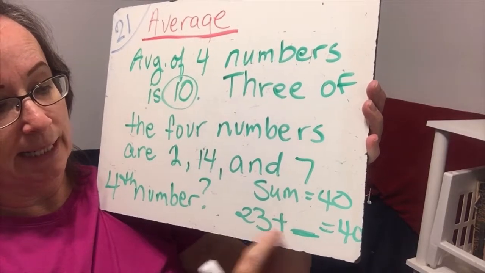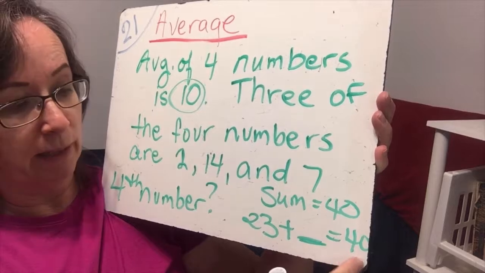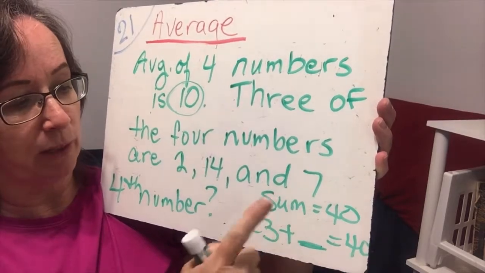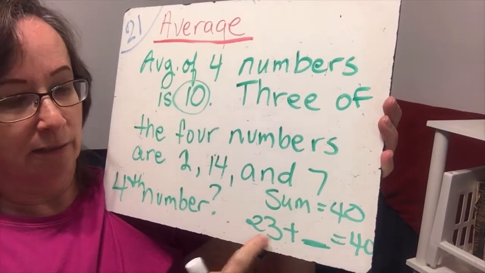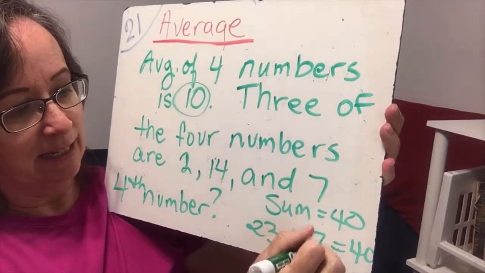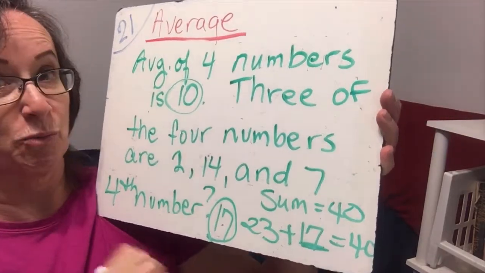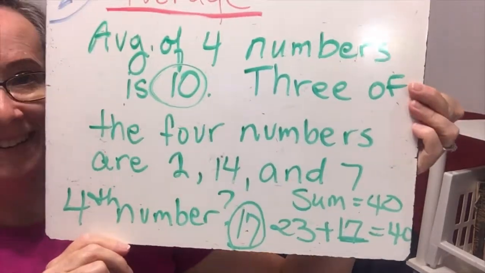So the number that needs to add to 23 to get 40, we could find that by subtracting 40 minus 23, which is 17. So the 4th number is 17, and it's really not hard to do at all, is it?